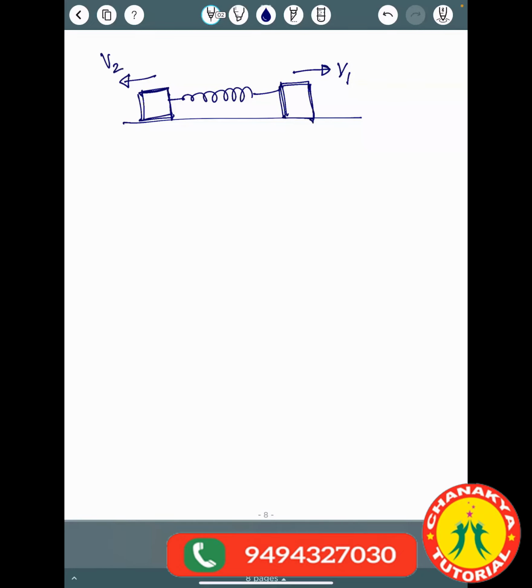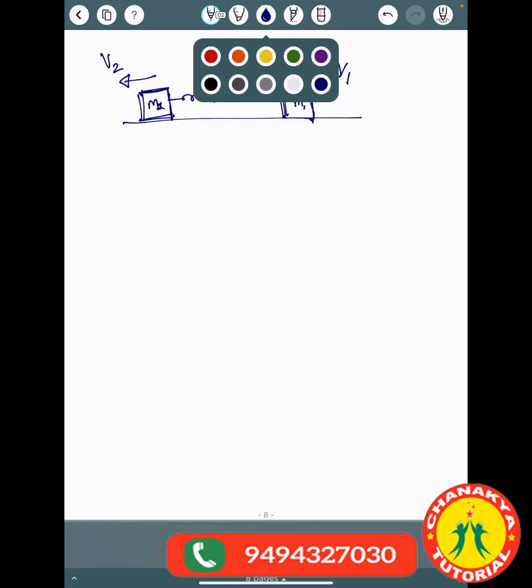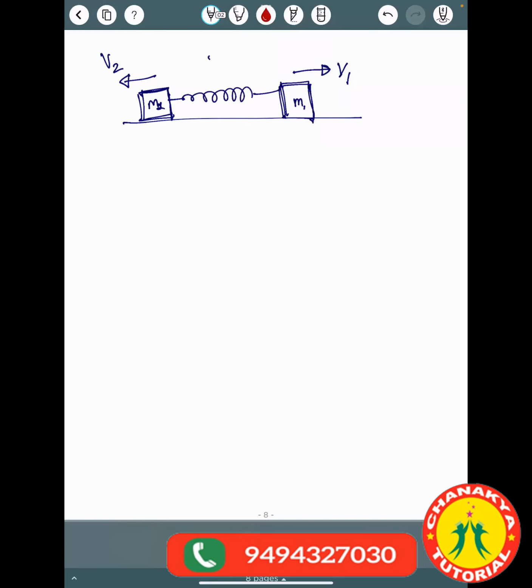This mass is m1, this is m2. See, very interesting this is. Now, let's say v1 is greater than v2. How does this system look?